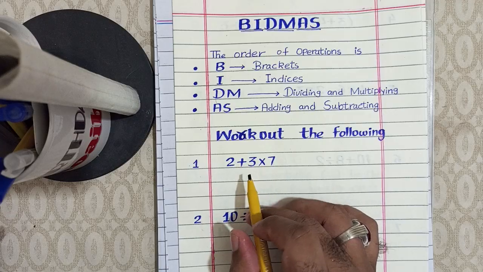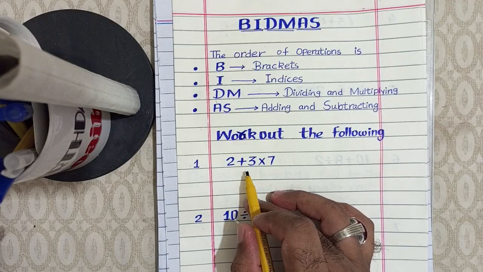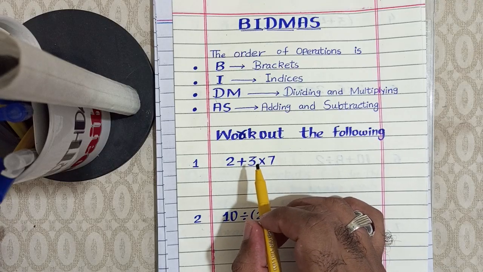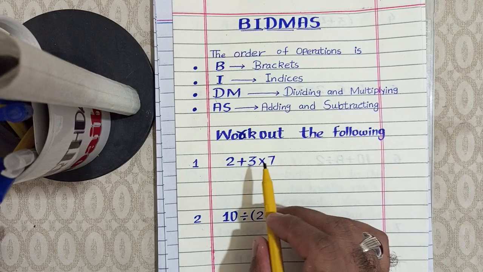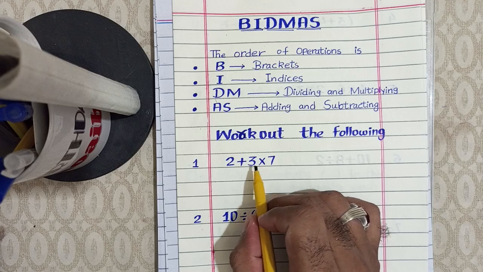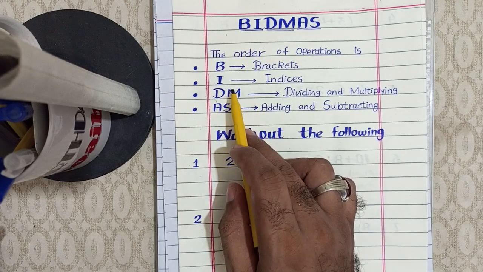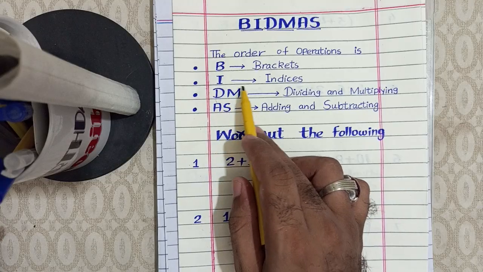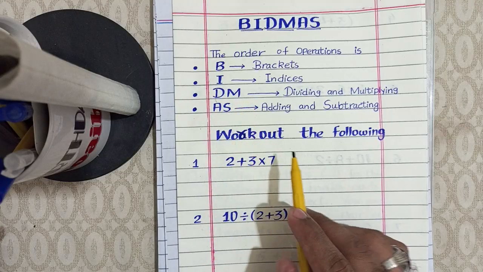Our first question is 2 plus 3 multiply 7. First of all we multiply, because we don't have brackets, indices or division, but we have multiplication.